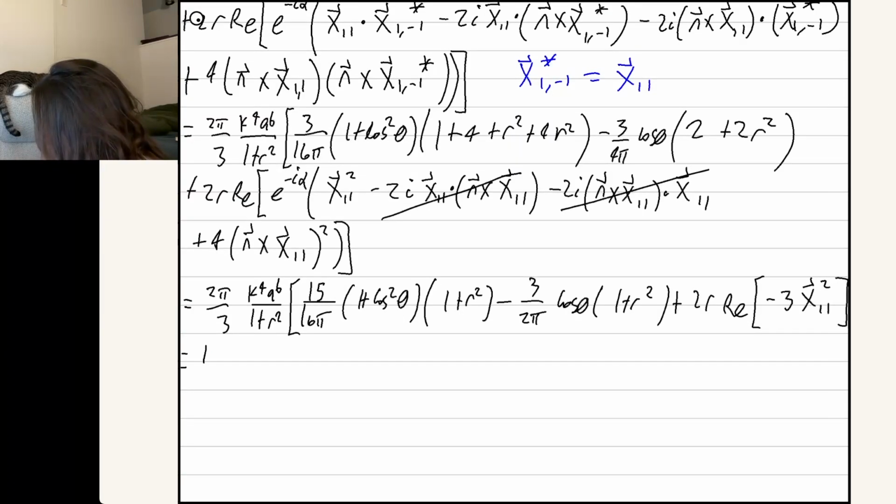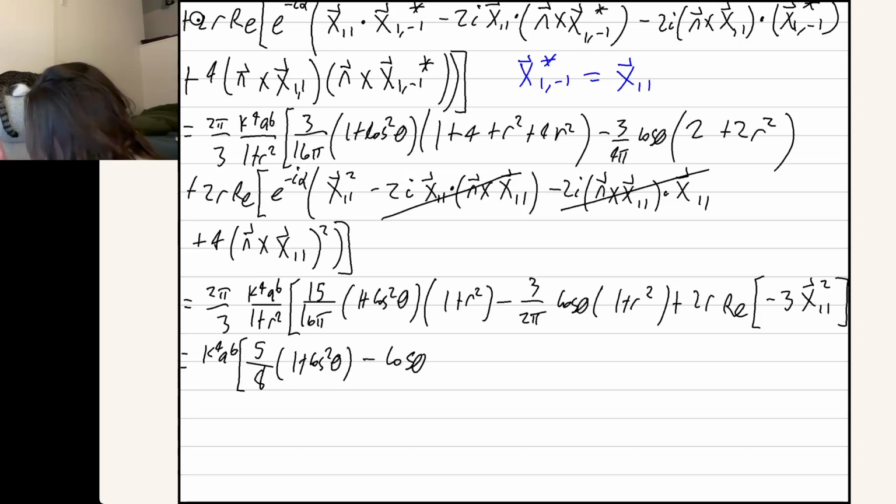So factoring through the 1 over r squared stuff and also the 2 pi over 3, I'm going to get that all of these pi's are going to go away. First of all, 5 over 8 times 1 plus cosine squared theta, and then no 1 over r squared now. And then that's just going to be cosine theta. Yeah, just cosine theta.